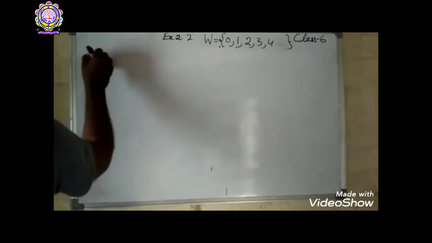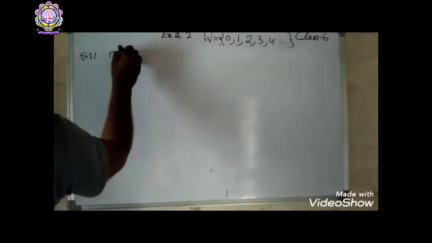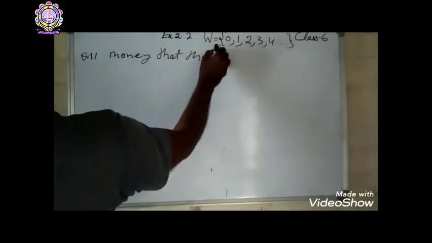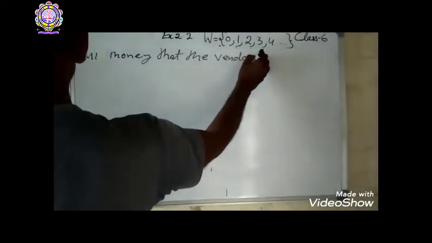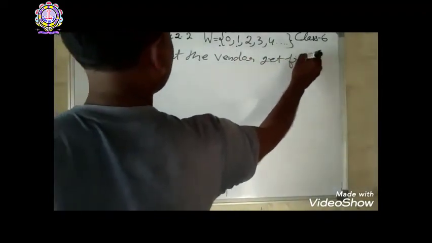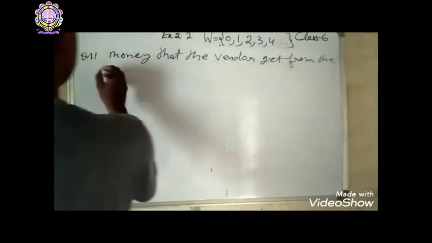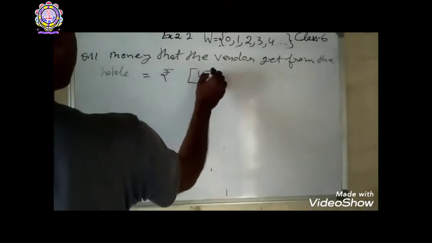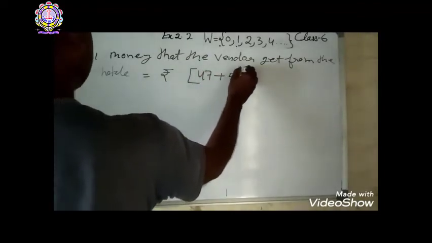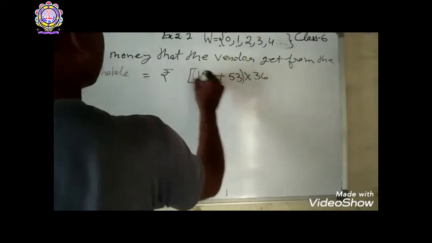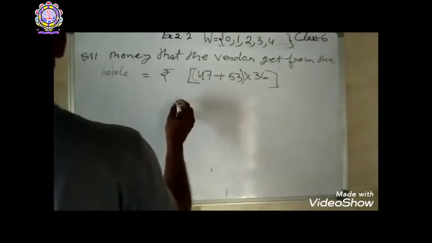So question number 11. The money that the vendor gets from the hotel is equal to rupees 47 plus 53, multiplied by 36, and you get the answer.